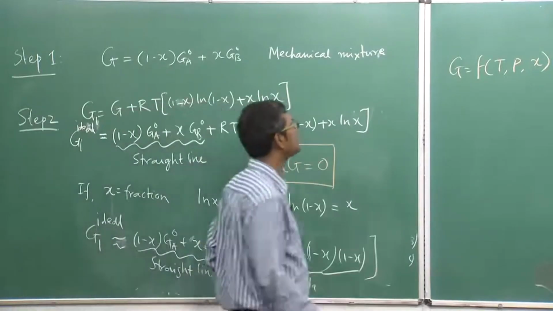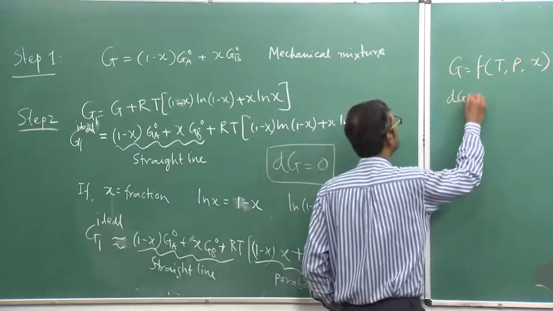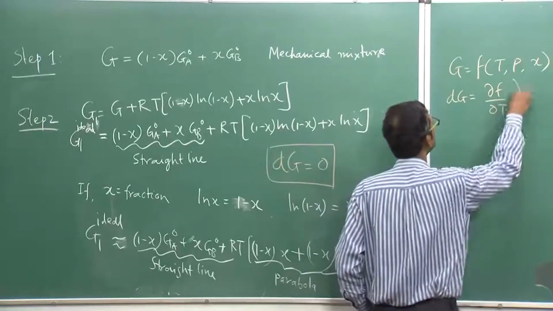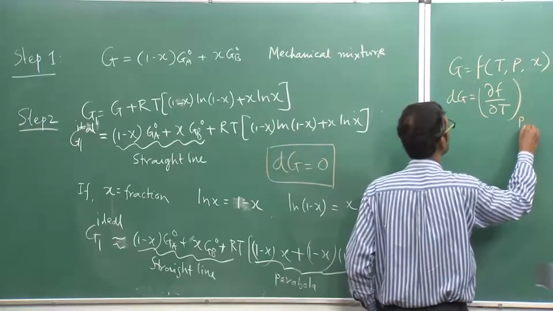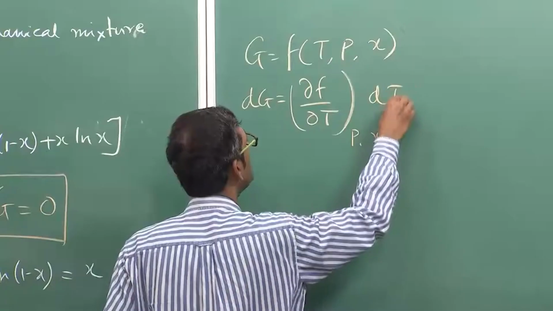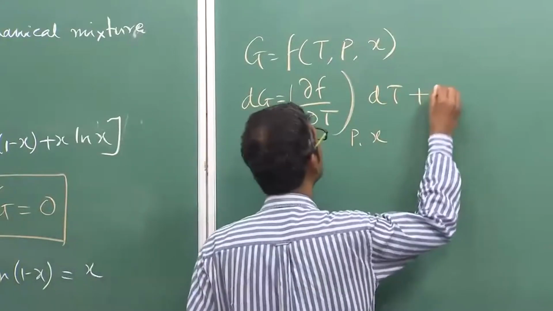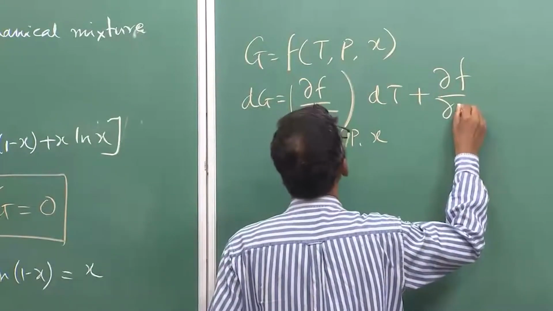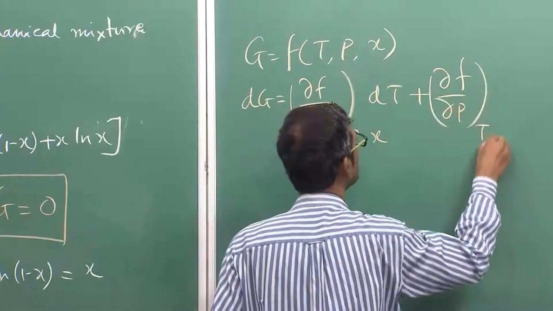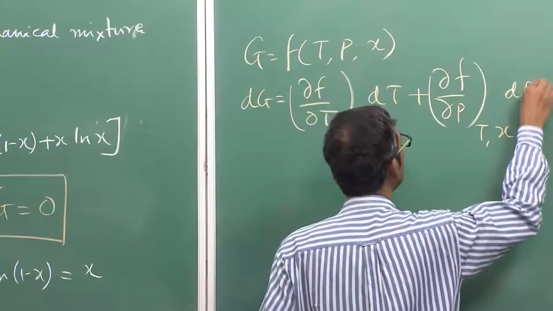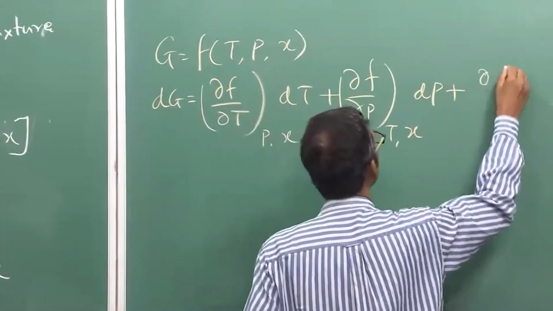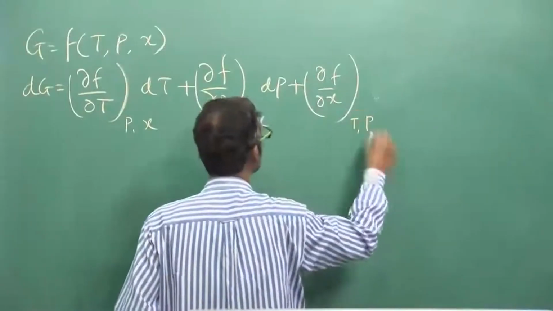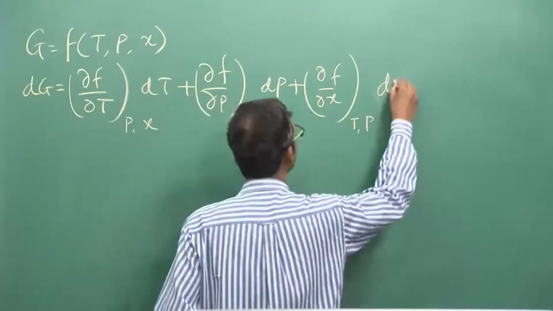So that means if I take a total differential dG, that is nothing but del G del T at constant pressure and composition multiplied by dT, plus del G, sorry, del G del P at constant temperature and composition, dP, plus del G by del x at constant temperature and pressure multiplied by dx.